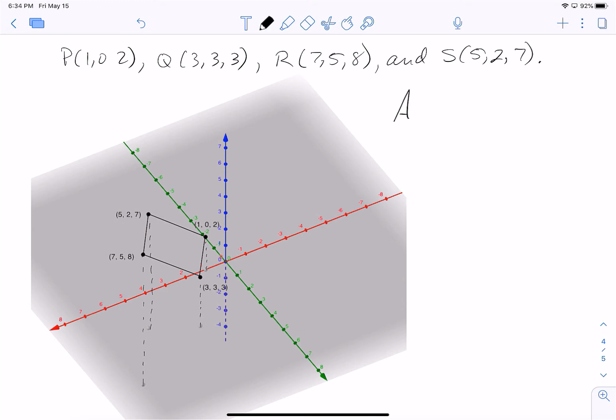The area of the parallelogram is given by, if the vectors are A and B, the magnitude of A cross B. So we need vectors A and B, and it wouldn't do to use a diagonal. I'm going to label our points here R, S, P, and Q, just so I have handles for them. And I'm going to make one vector the vector SR, and the other vector the vector SP.